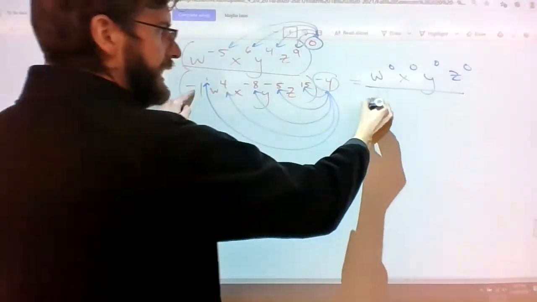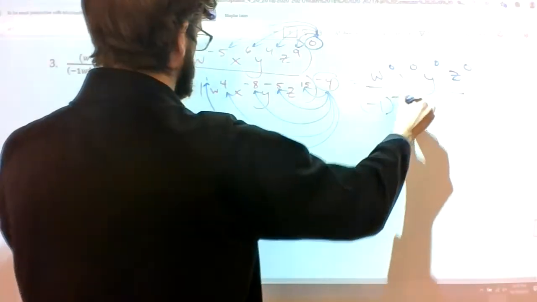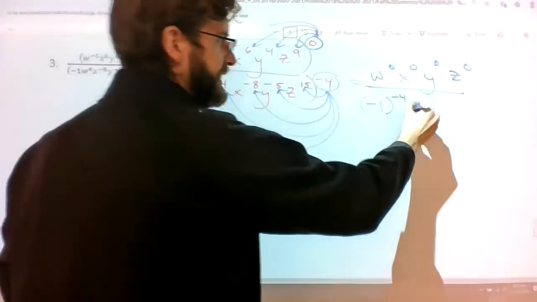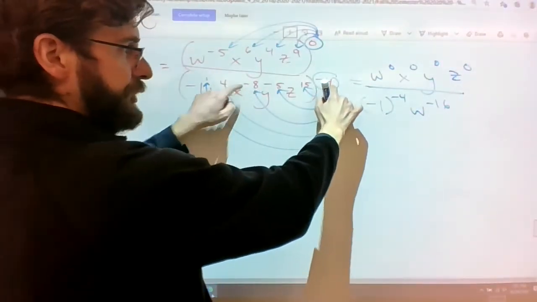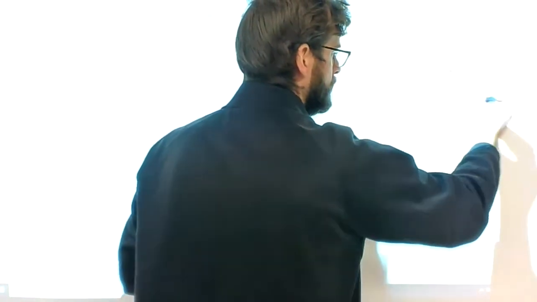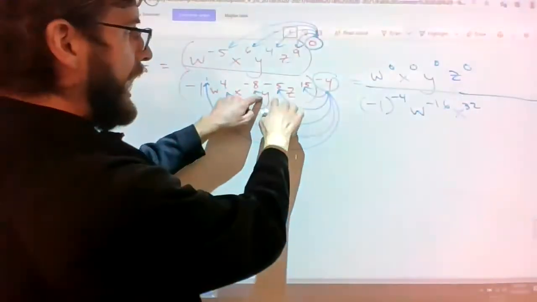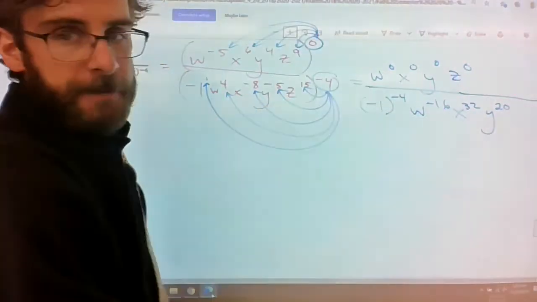So this is going to be -1 to the -4, w to the -16, x to the +32, y to the +20, and z to the -60.